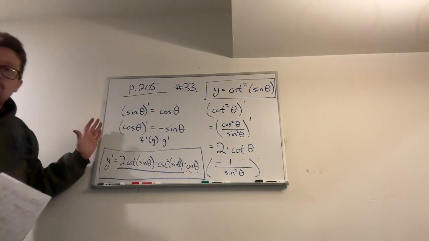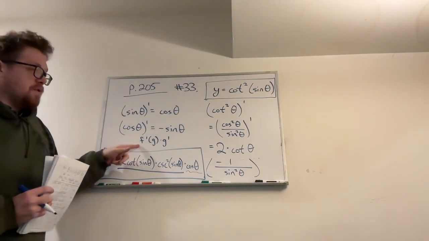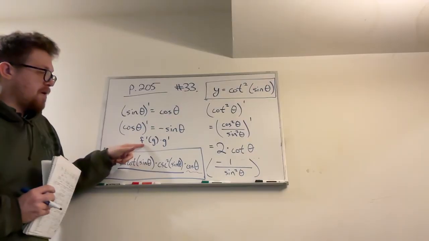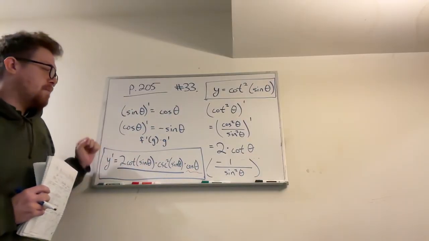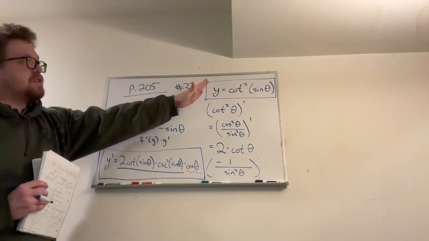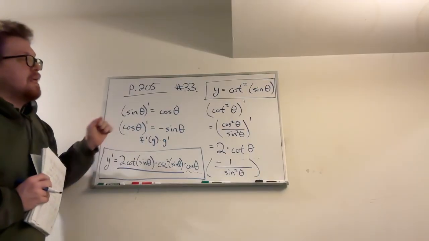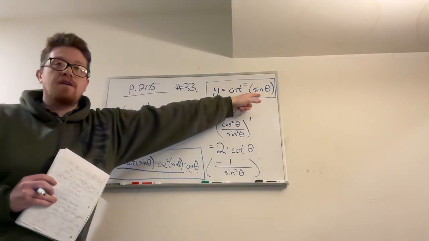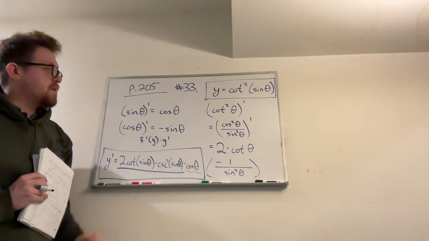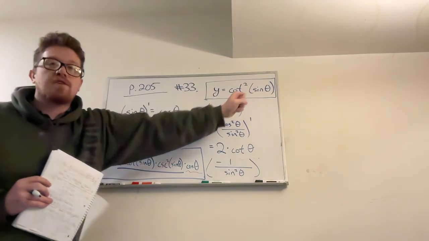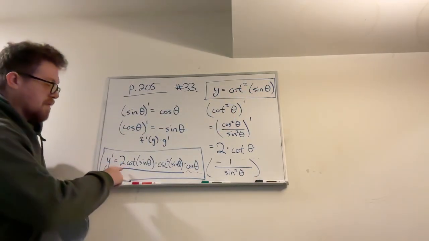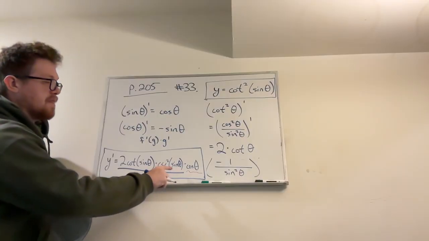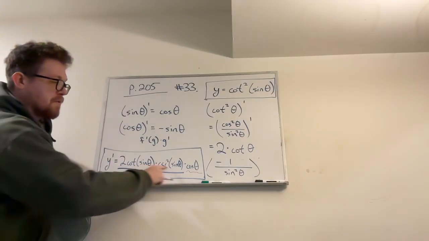Okay, and that's how you do these chain rule problems. You're going to use the chain rule f prime of g times g prime. You're going to separate your function into a composition of 2 functions. Find the derivative of f, find the derivative of g. In this case, we didn't need to do any calculation because the derivative of sine is just cosine. Then you take the first function, you plug in the composition function. So we got the derivative of the first function.